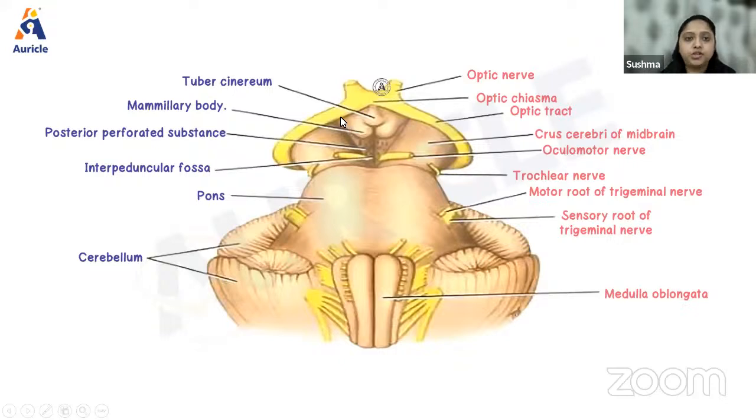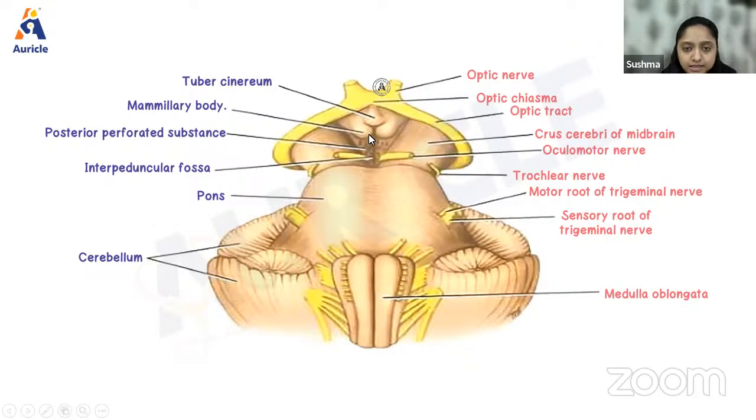Guys, look at this. This is the beautiful picture I have. This is the posterior perforated substance, and this exactly is the interpeduncular fossa. And this is the oculomotor nerve, as you can see, which is coming out. This is the interpeduncular fossa, the triangular structure I'm pointing out, and it contains the posterior perforated substance along with the oculomotor nerve. And what do I have over here?